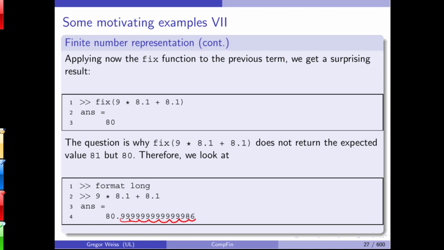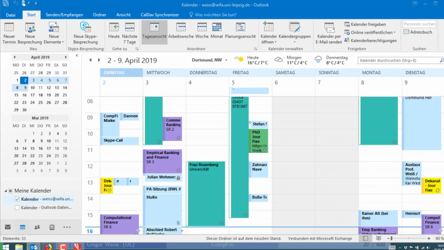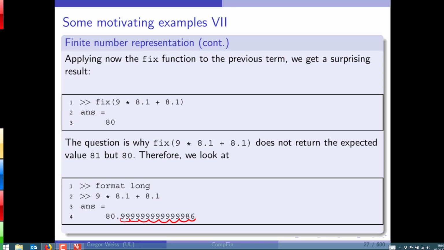And if you have a high-end computer, it might be that the computer can work with 32 or 64 decimals, and that all calculations will be exact up until, let's say, the 16th decimal point.